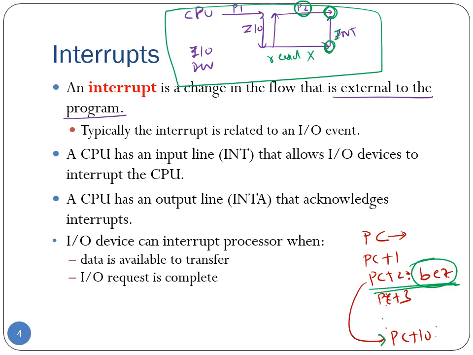So that's why interrupts are changes in the flow of program which are external to the program itself. Typically, an interrupt is related to an IO event, as we have seen in this example on the previous slide. However, this interrupt mechanism is a very powerful framework in operating systems, and it is used for other purposes as well. For instance, many operating systems use interrupt mechanisms for virtual memory paging as well.